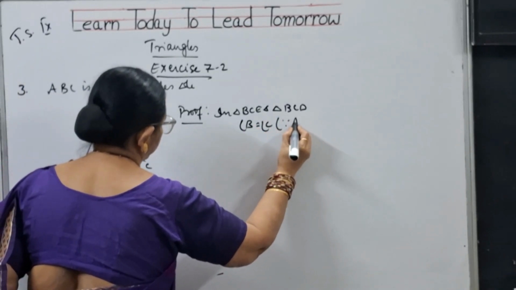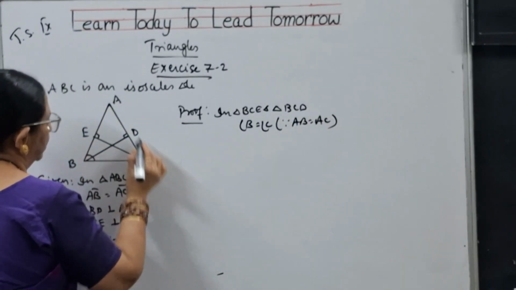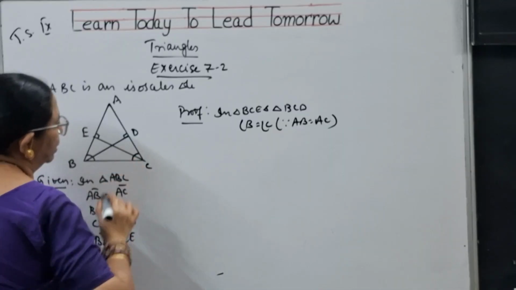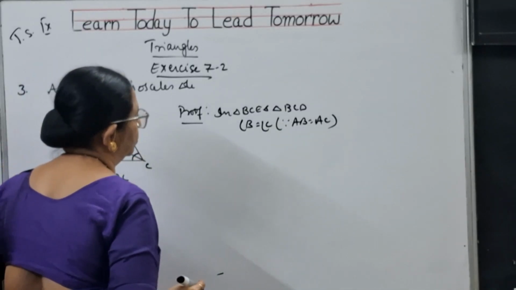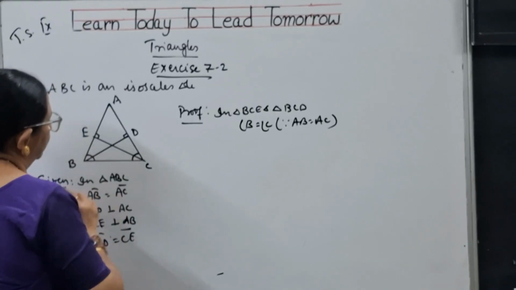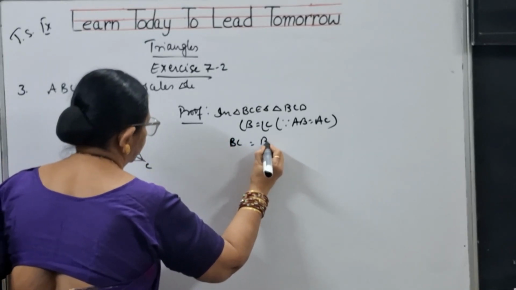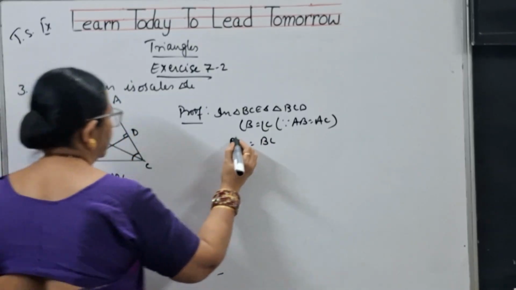Why? Because AB is equal to AC. In this triangle, AB is equal to AC means these two angles are equal. Angles opposite to equal sides are equal. We have learned the theorem. And what else can we say? BC is equal to BC. This is common.